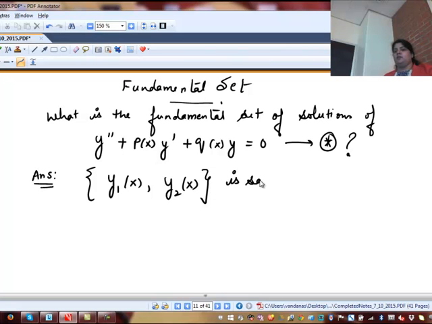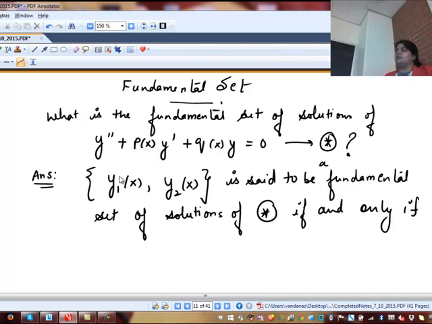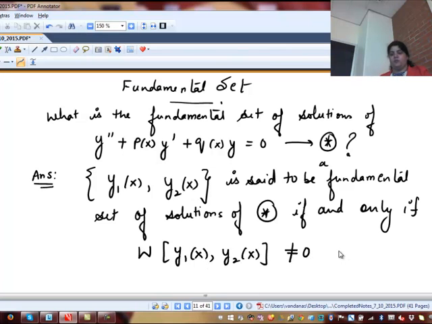So this is said to be a fundamental set, and I would say a, because there can be many fundamental sets of solutions of star, if and only if, when do we call this set, which is in curly braces, with two functions, fundamental, if and only if the Wronskian of these two functions is non-zero for some x in the interval we are looking for a solution, and y1 and y2 should satisfy the differential equation.